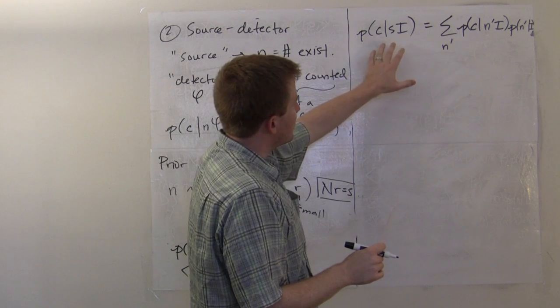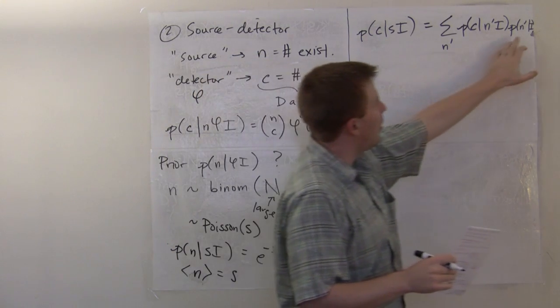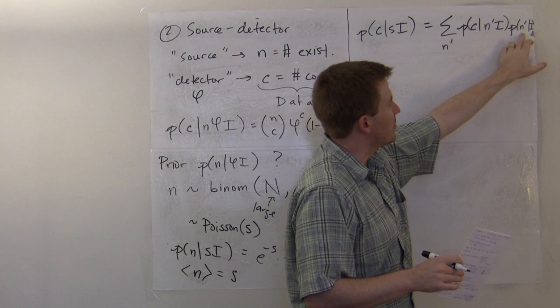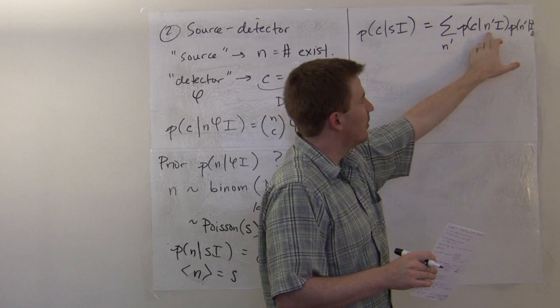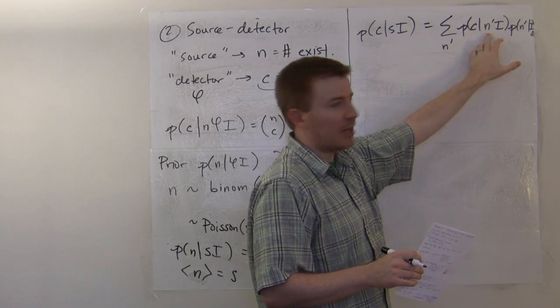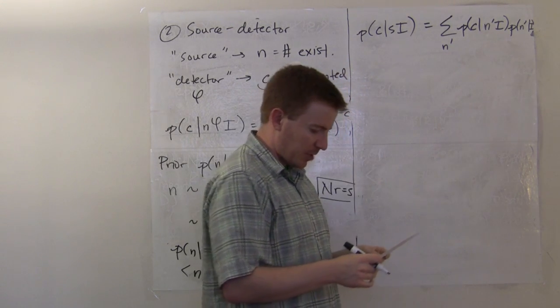So it's basically decomposing our data probability into all of the possible parameter values: probabilities of n prime, times the conditional probability of the data given that n prime.